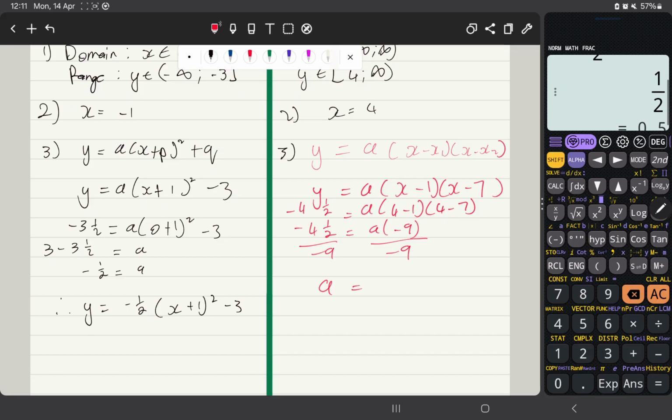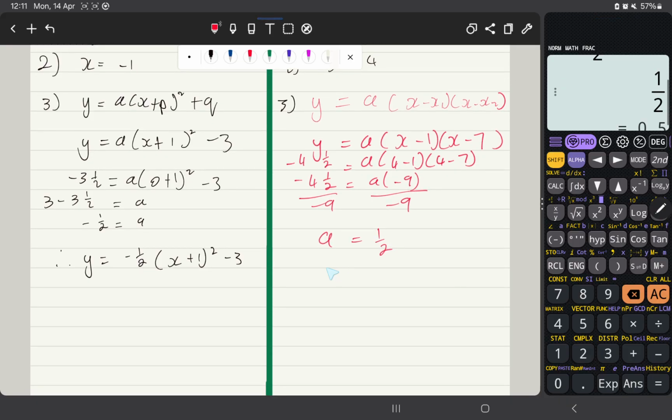The answer is half. So what does that mean? Therefore, you have y is equal to half times x minus 1 times x minus 7.